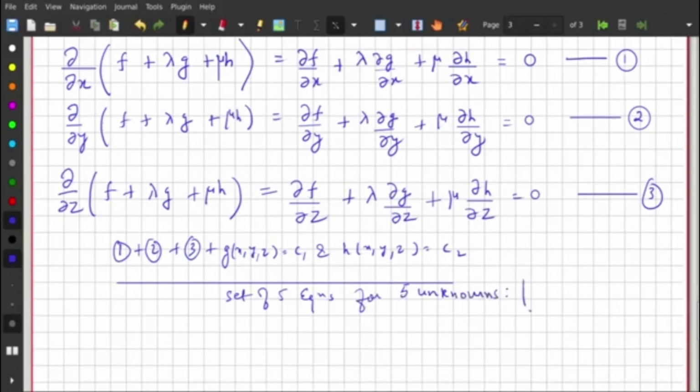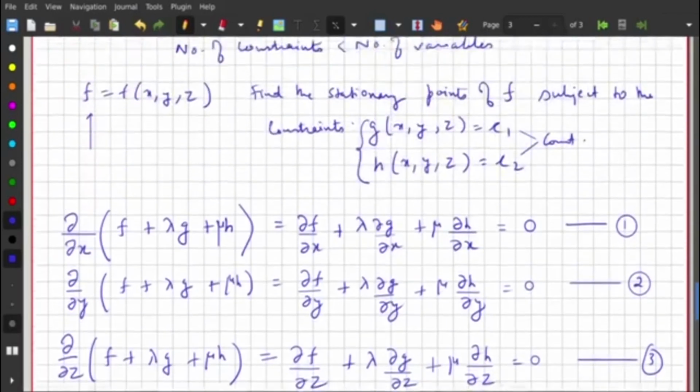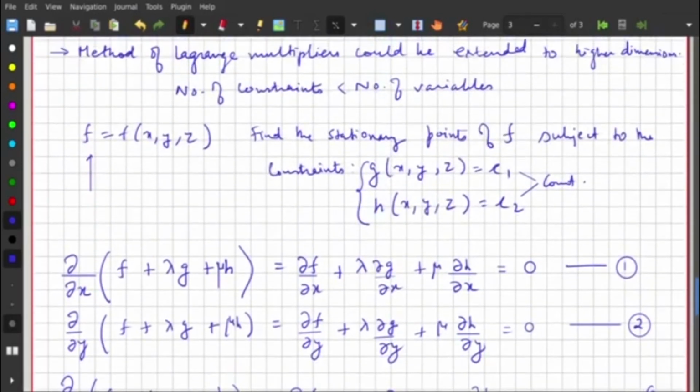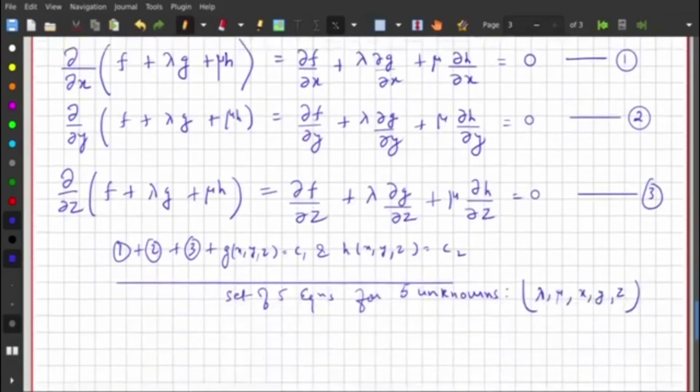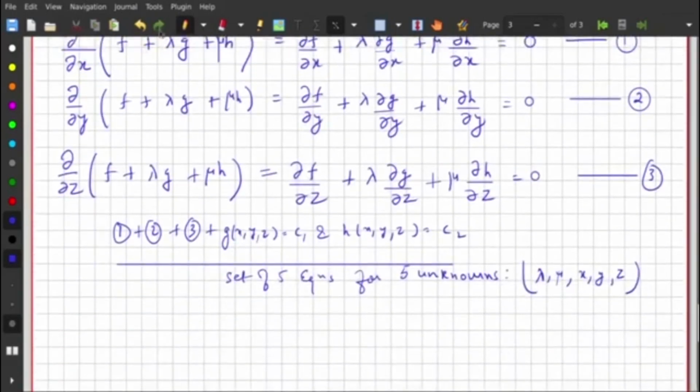What are the unknowns? The unknowns are lambda, mu, and the points where the function is stationary, x, y, z. So these form a closed set of equations where we can solve for lambda, mu, x, y, and z.